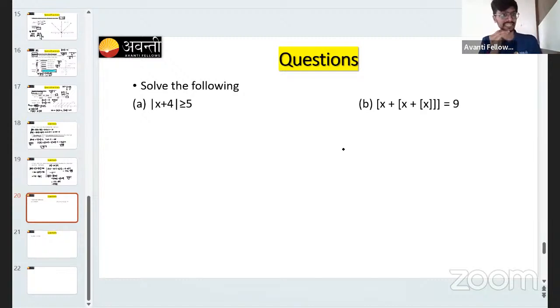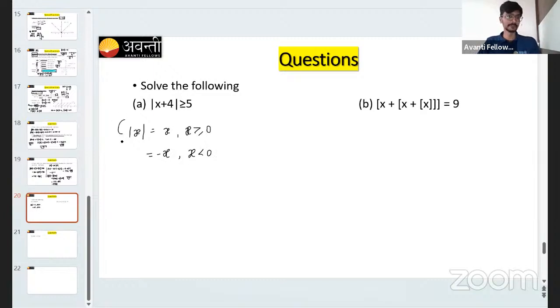So the definition of mod x is mod x equals to x for x greater than or equals to 0, and it is equals to minus x for x less than 0.